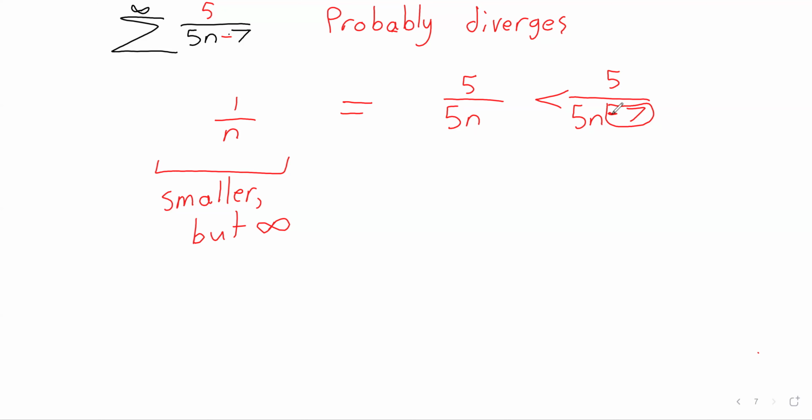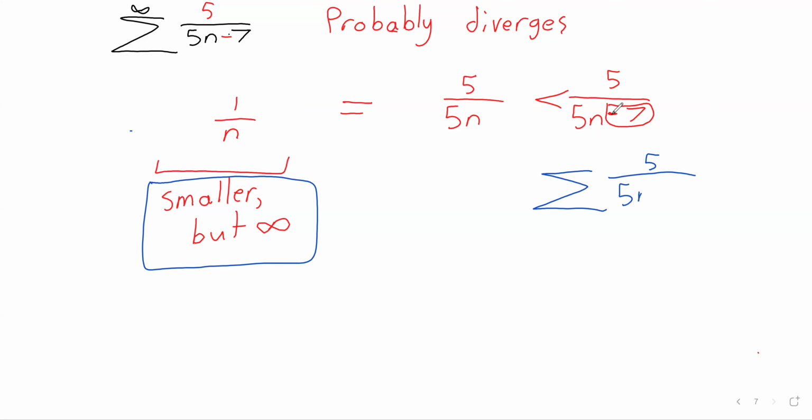It's infinite. It diverges. So we have found a smaller but infinite series. And the comparison test says, well, if we're bigger than something infinite, we are also infinite. And this series does diverge.